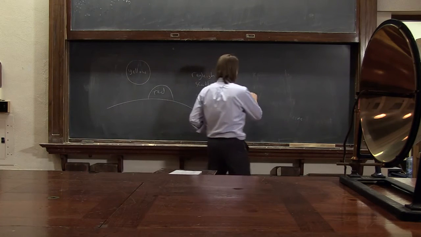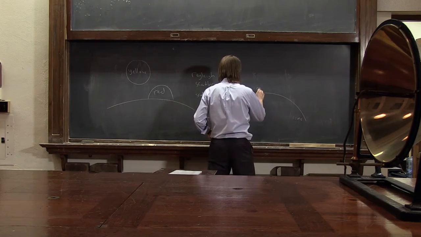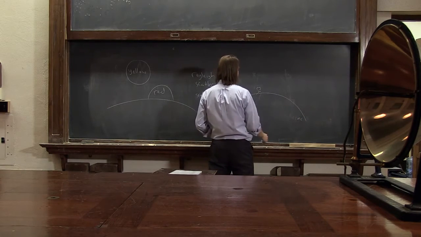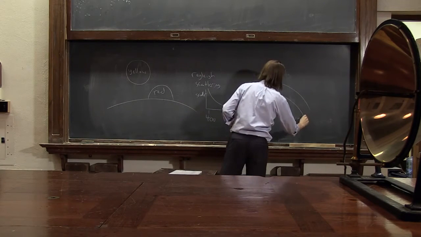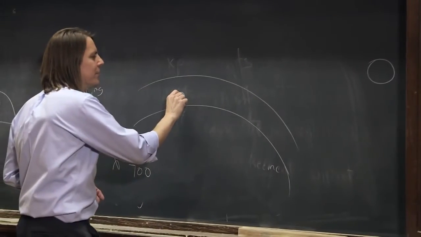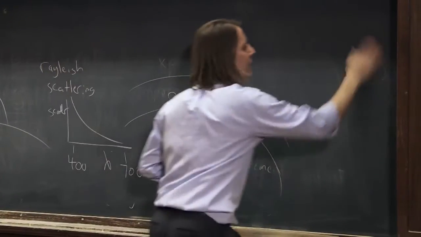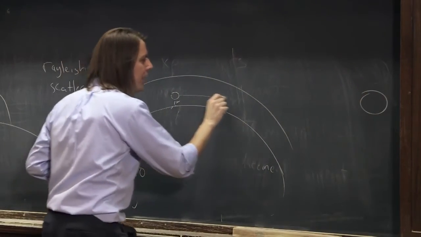If you're sitting on your planet, looking at a sunset, you're looking at it through the atmosphere. Here's the atmosphere around your planet, and here's the sun out here. If you look at the sun right when it's close to the horizon, you're looking through a lot of your atmosphere.